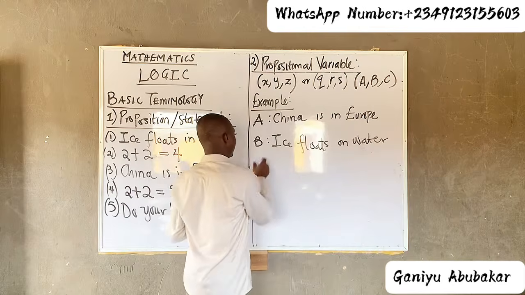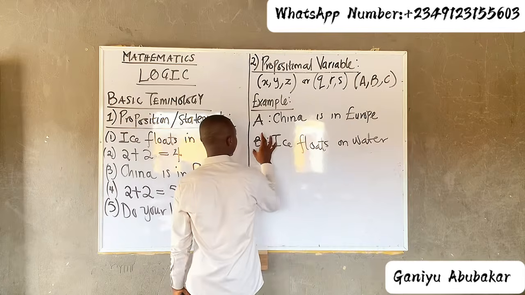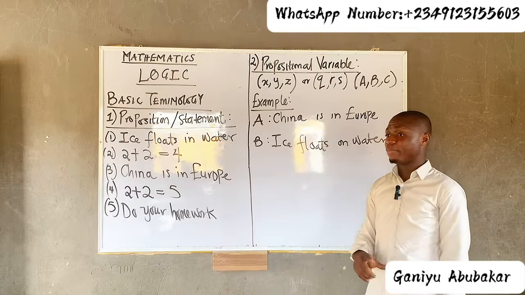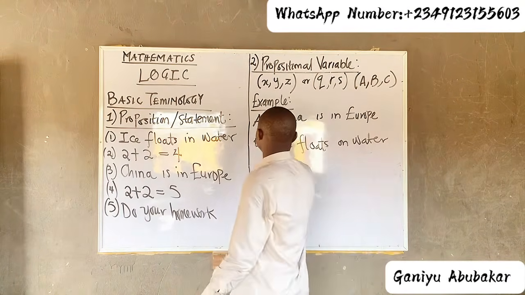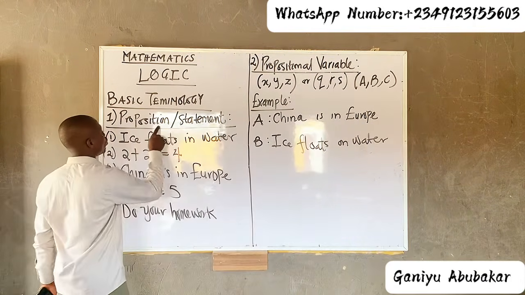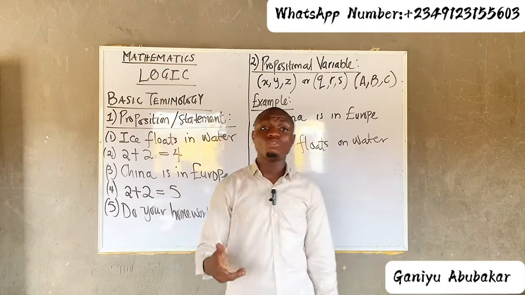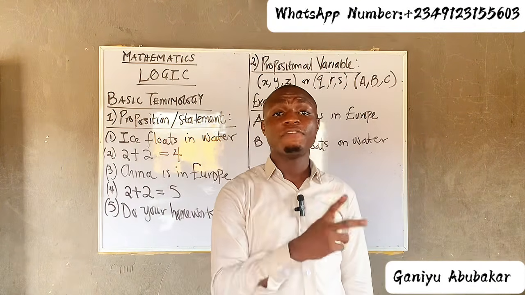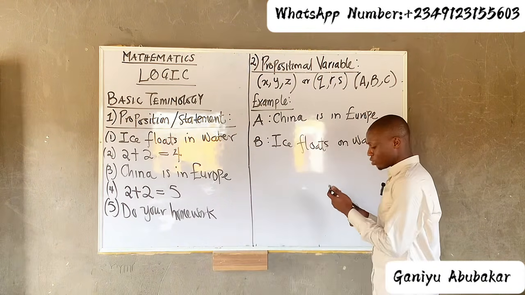This B signifies the variable while this is the statement. So whenever I see B, I know that B represents ice floats on water. So all these A, B, C are variables used for representing a propositional statement. Any variable used to represent a statement is said to be a propositional variable, right? So that's how this second terminology works.